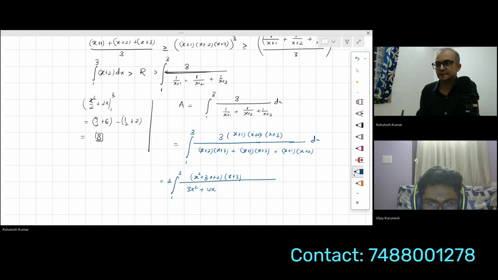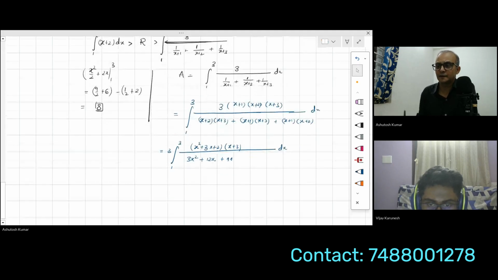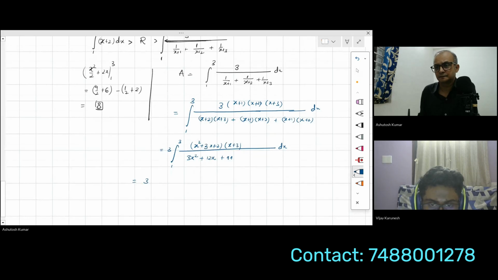From here we get 6 plus 3, 9, and plus 2, 11. Let's simplify the numerator: x cubed plus 3x squared plus 2x, again x cubed, 3x squared, sorry, plus 9x plus 6.